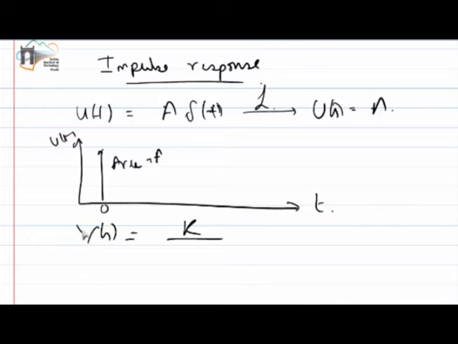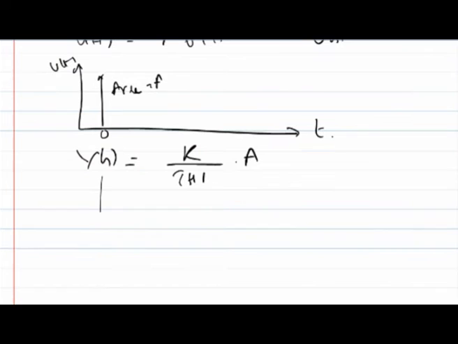I could write the transfer function of the output. The impulse response, the inverse Laplace of the system, is pretty much straightforward. I would have y(t) equal to A K over tau e to the power minus t by tau.